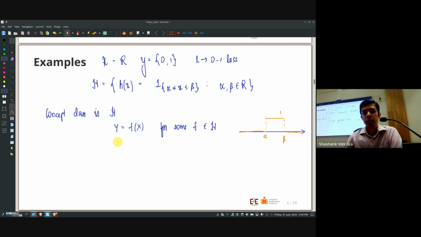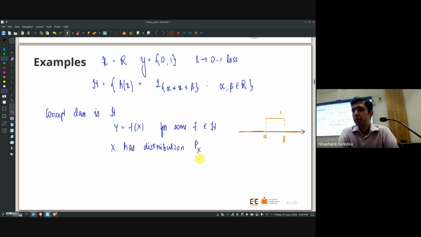All right, so this is y equal to f of x, and the distribution of x could be arbitrary. Okay, so x has some distribution, let me call this capital Px, which is unknown.